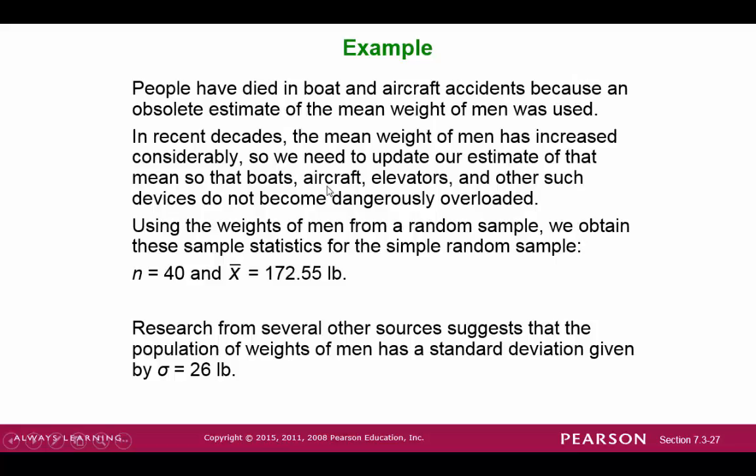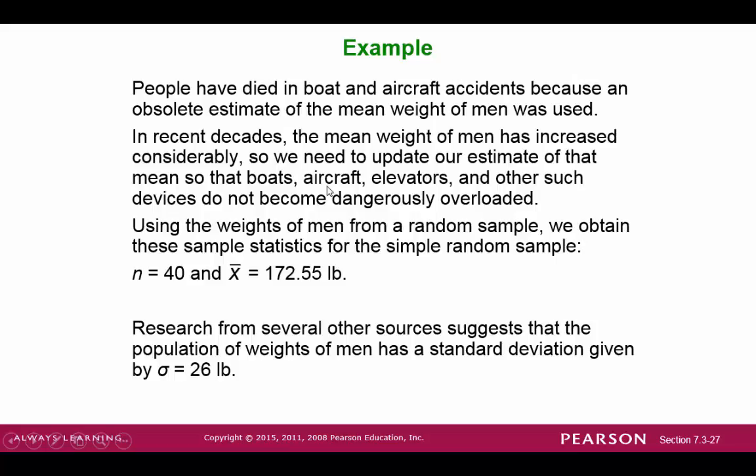So we'll use the mean weight for men in a random sample and obtain that the sample statistics: n is equal to 40, we have 40 people that we tested, and the mean weight is 172.55 pounds. Other research sources have suggested that the population standard deviation is 26.